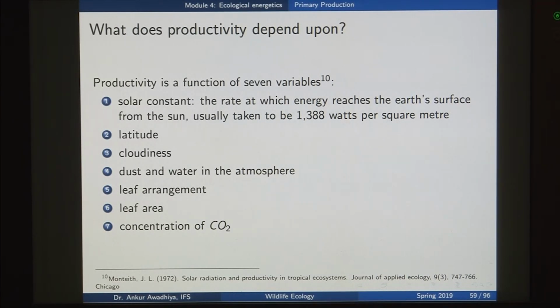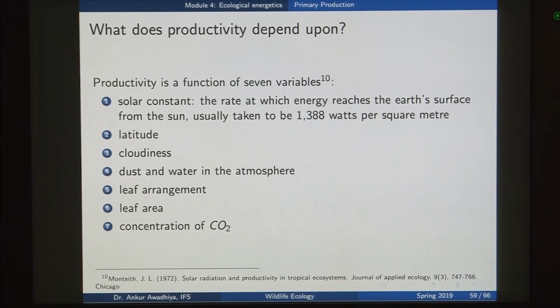So, we can figure out a proportion of photosynthetically active radiation using the solar constant. Now, this is the energy that is being received from the sun on average, but different areas would be receiving different amounts of energy depending upon the latitude of that place and the cloudiness of that place. Also, the dust and water that are there in the atmosphere, because dust and water will also occlude or block the photosynthetically active radiation that is reaching the plants.